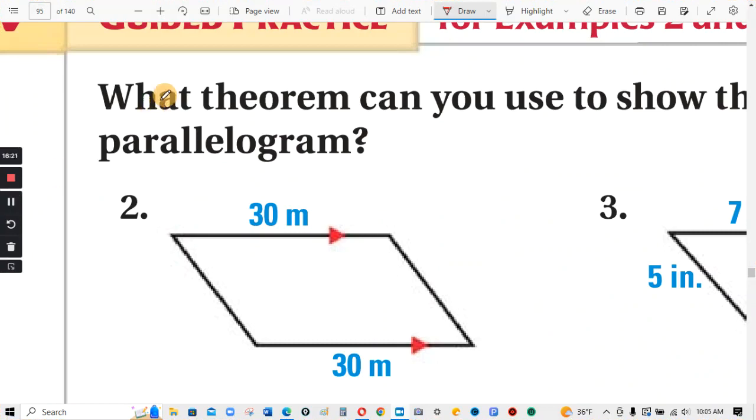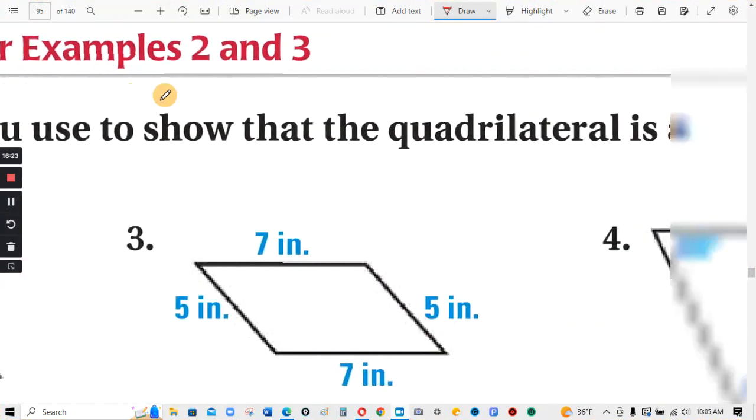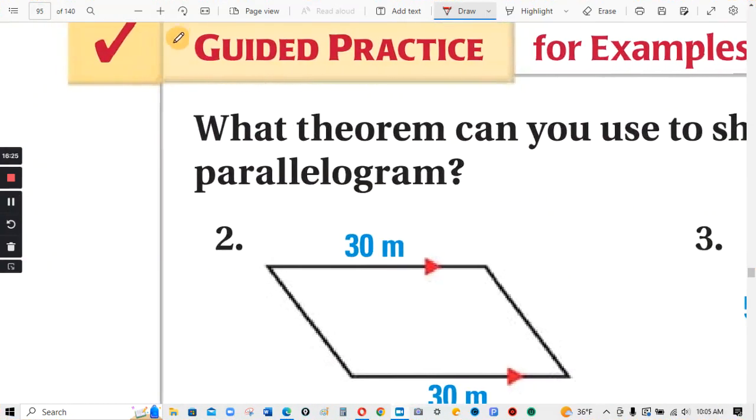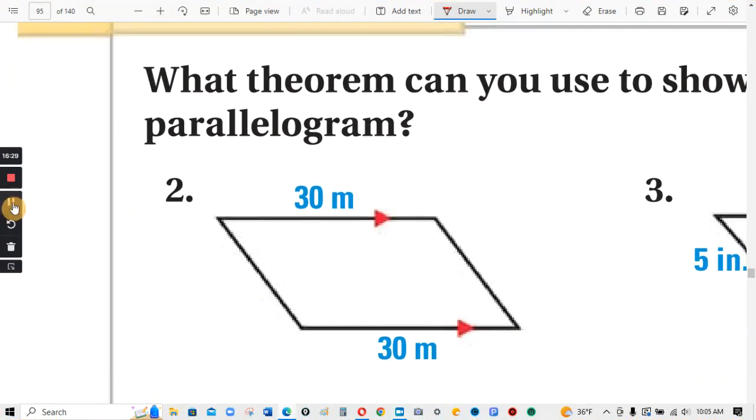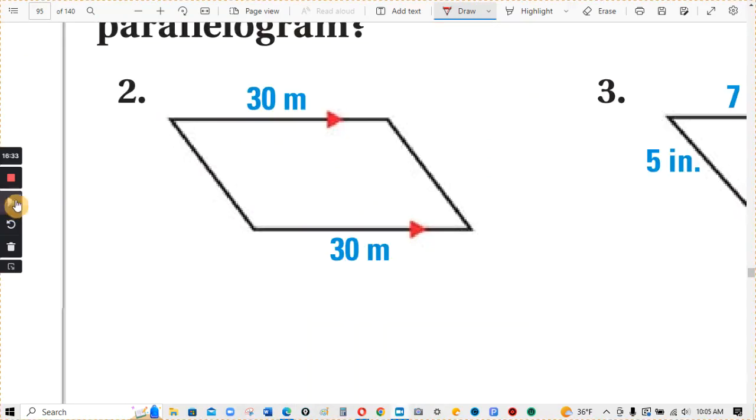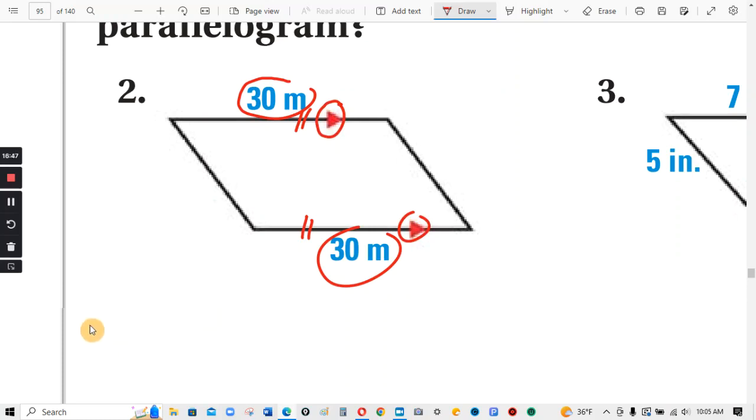All right, guided practice. What theorem can you use to show that the quadrilateral is a parallelogram? We'll do them one at a time. Think about number 2 first. We have this 30 matches this 30, so the opposite sides are congruent. And we see right here, they are also marked parallel.